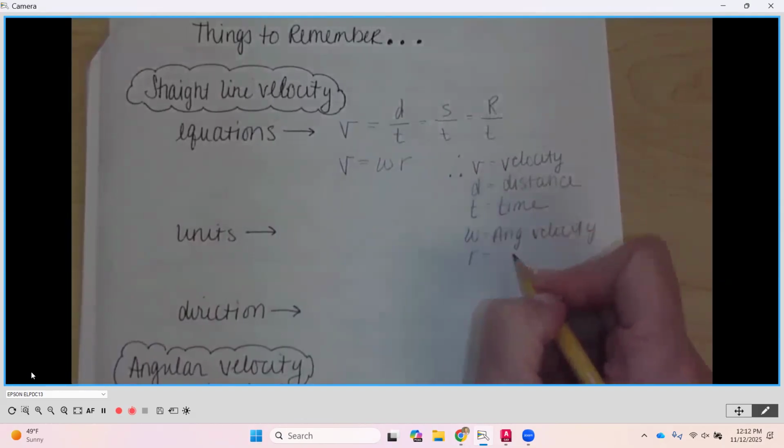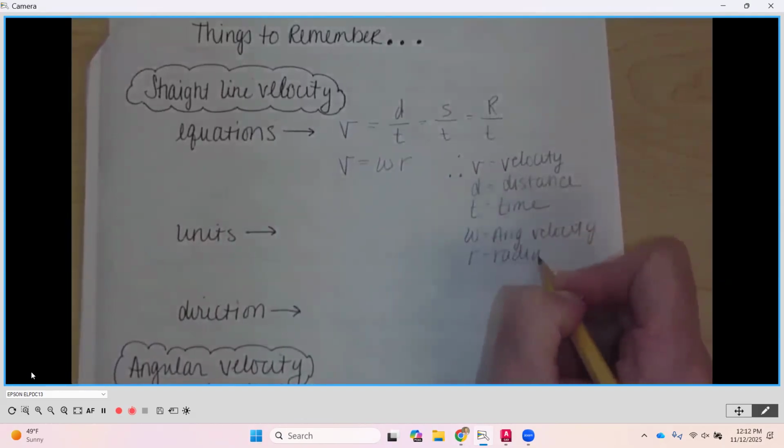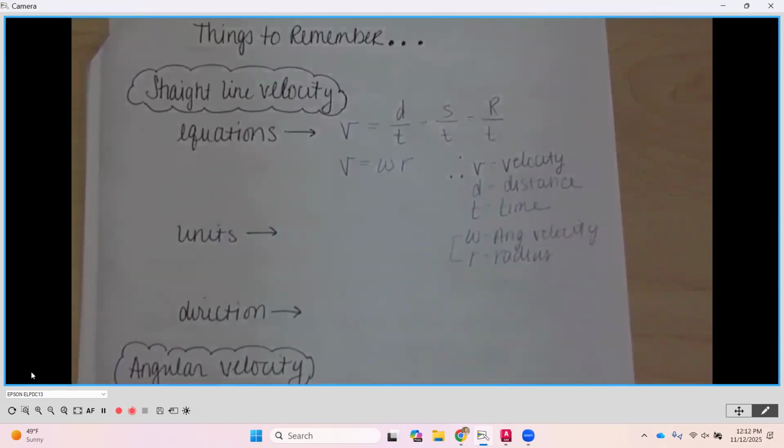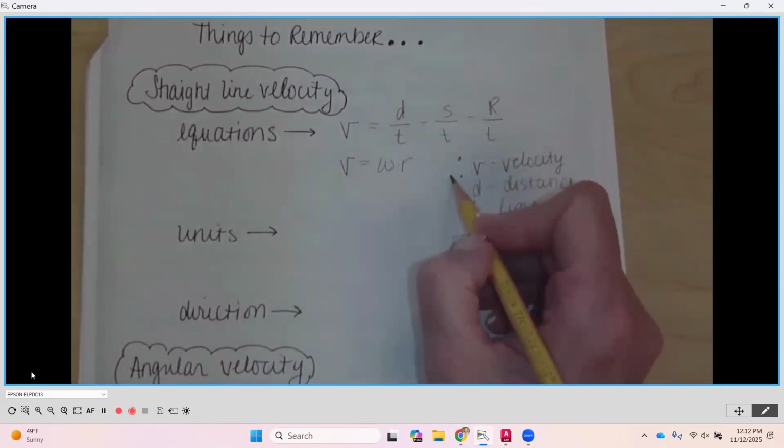And that R is going to be the radius. And that's when we have rotational motion: W is how fast it's going around a fixed center, and R is how far it's away from that fixed center. So radius is an appropriate variable for distance away from a center of rotation. Okay.